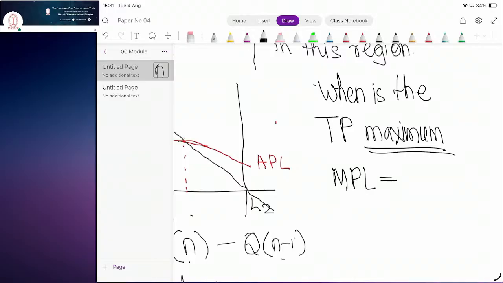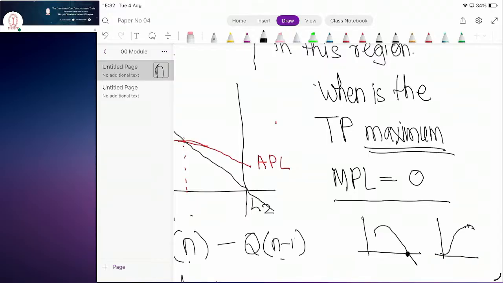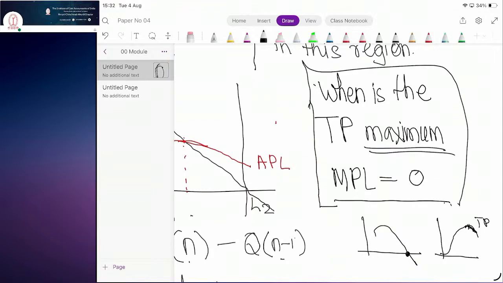MPL becomes 0. Okay, meaning where the MPL curve cuts the x axis, this point will be the point where the total product is maximum. So it will be like this. After this it will decline. Got it, all of you? This feature you have to remember because it is asked many times in exam questions.